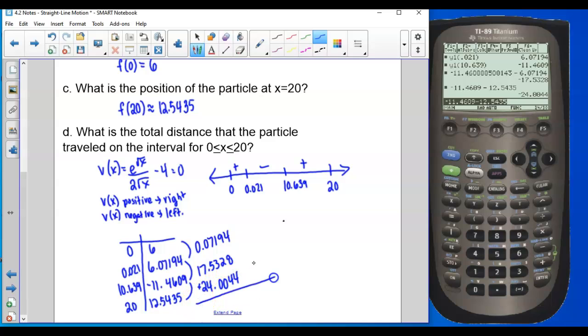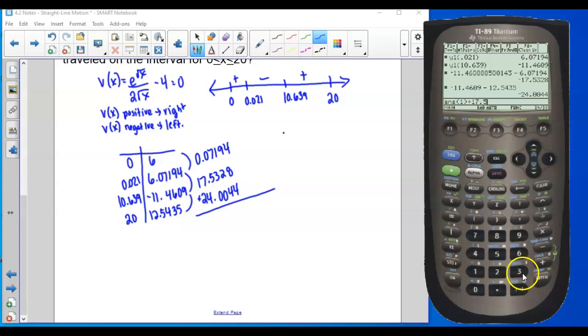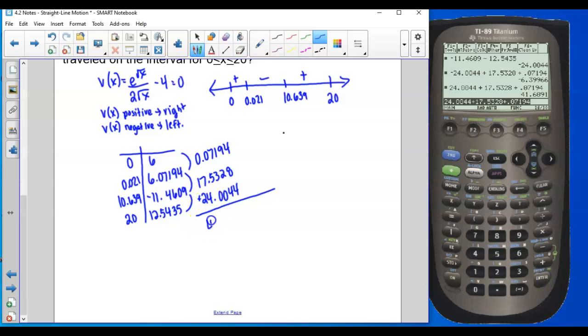And so if we take all these and add them together, here, let's add the 17.5328 and the 0.07194. We are going to get, oh, that was negative. Let me go back up here. Go back and get rid of that negative. Right, so we'll get 41.609 units there.